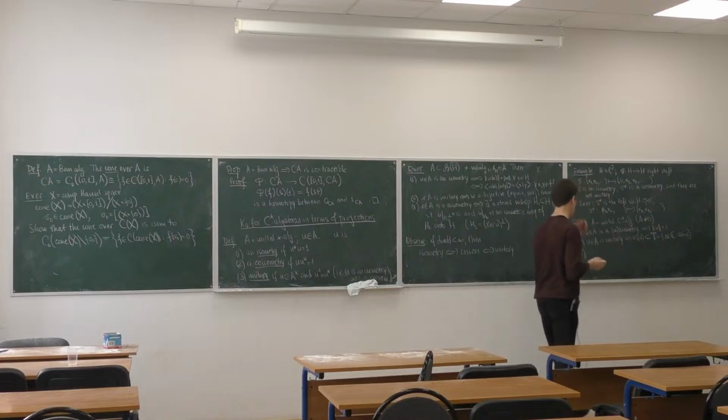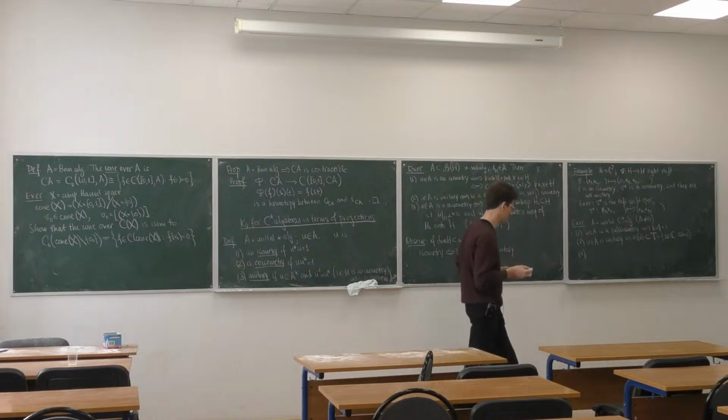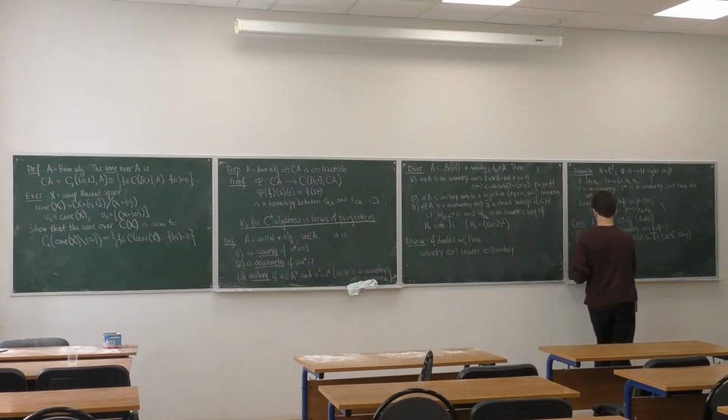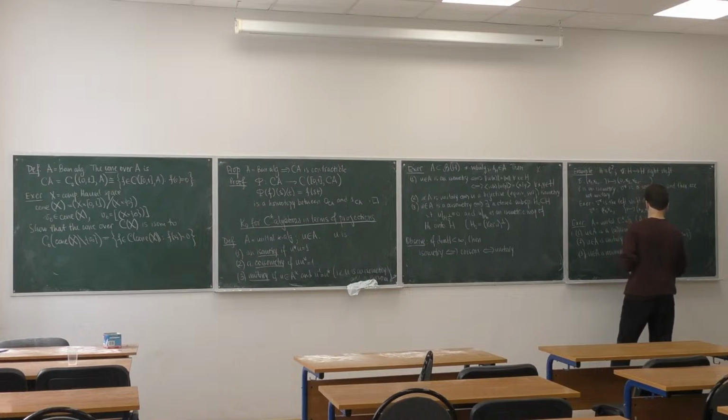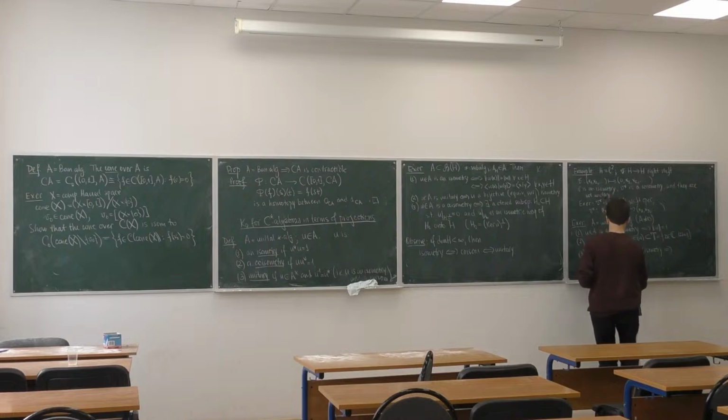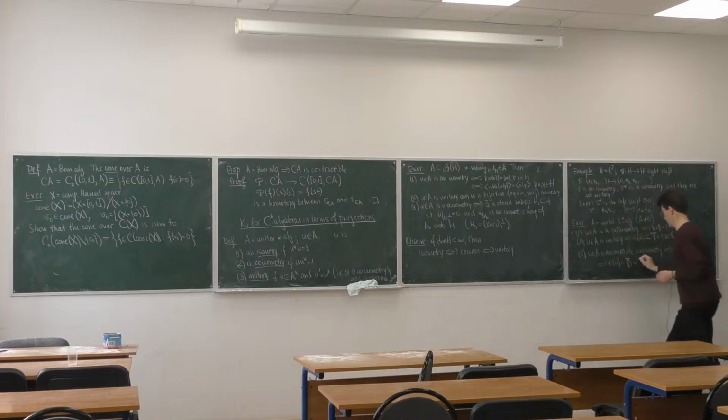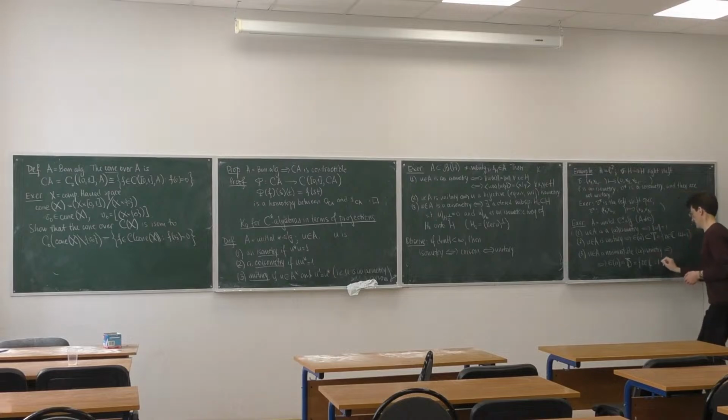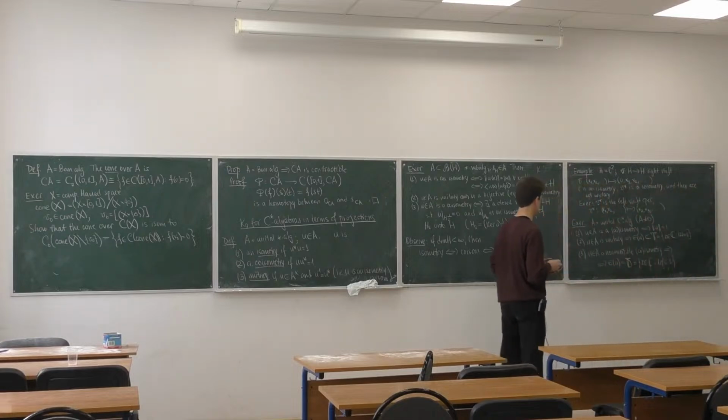But if U is a non-invertible isometry or a co-isometry, then its spectrum is exactly the closed unit disk, that is, the set of all complex numbers satisfying this inequality. The closed unit disk on the complex plane.